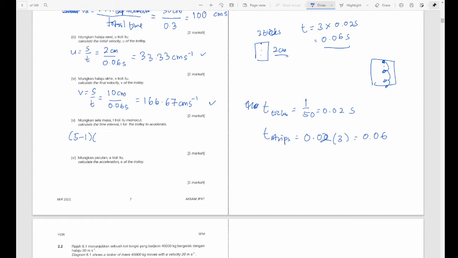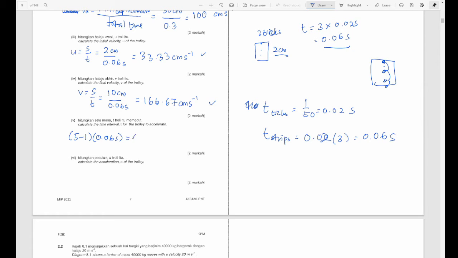That means the time for each strip changes based on how many ticks we include in our strip. In this question, we use 3 ticks, so 0.02 times 3 gives 0.06 second. This is the time for one strip.